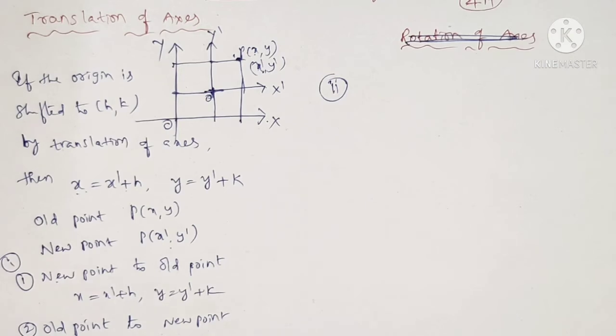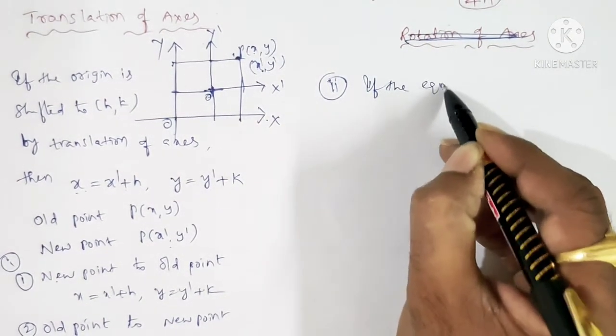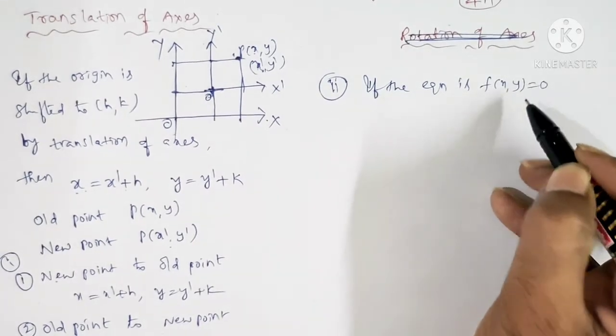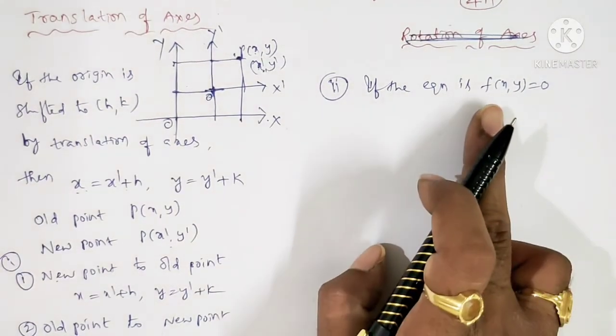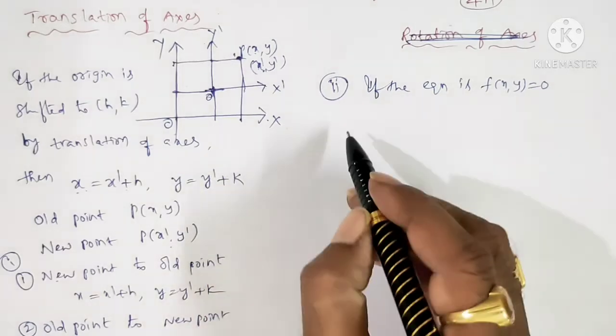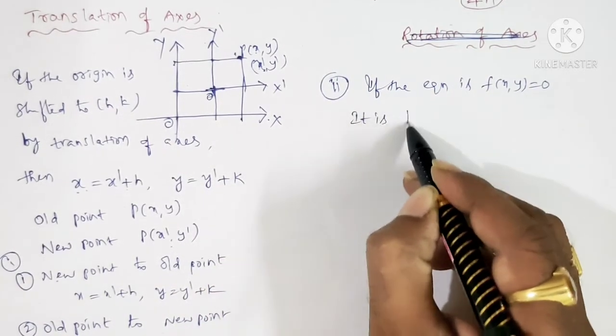Now if the equation is in this form, f of x comma y is equal to 0, that is, if the equation of the curve is f of x comma y is equal to 0, then how is it transformed in the new system?